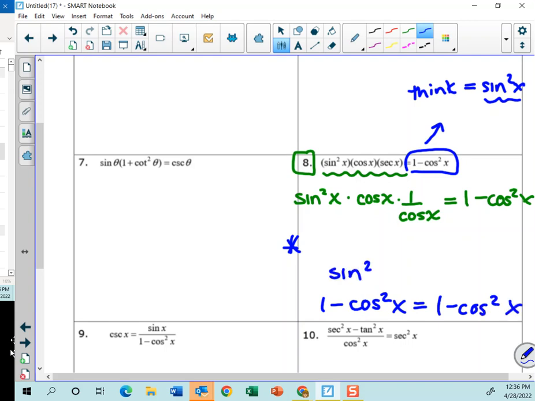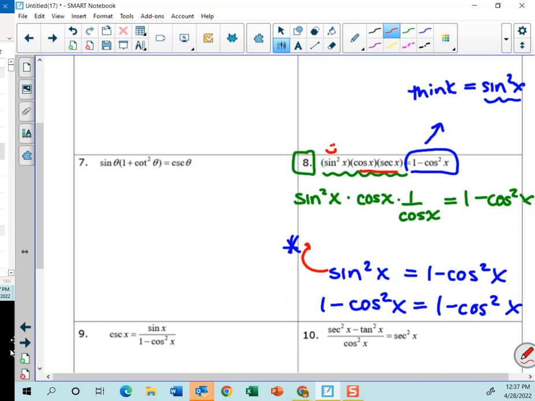So it's like giving myself an intermediate goal where I didn't change what was on the right, but I thought about something else I could do with it. That 1 minus cosine squared could be sine squared. So let's see. If I work my way back up, and I look at the original problem, I'm like, well, that sine squared is there.